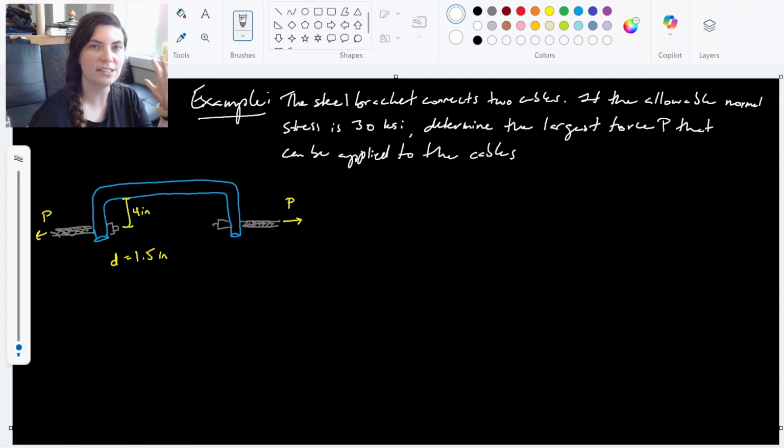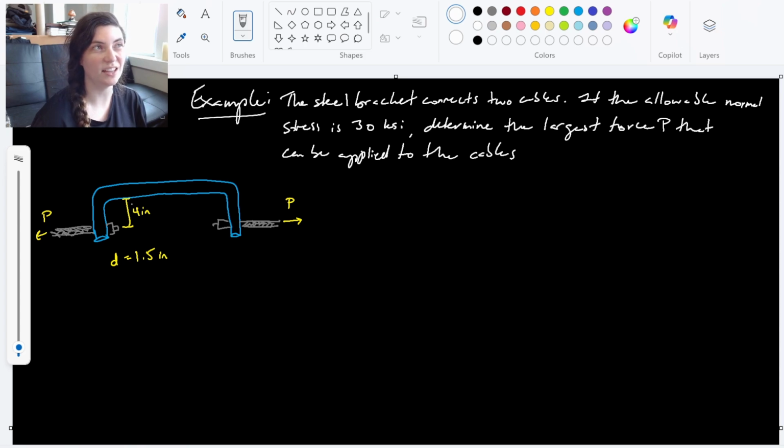Our first step in solving these combined loading problems is taking a section and finding those internal forces. Here, there's no specific location that they gave us that we're interested in finding the stress in. It just says the allowable normal stress is 30 ksi. But everywhere through here, our loading is going to be the same.